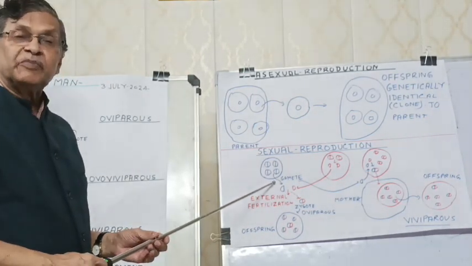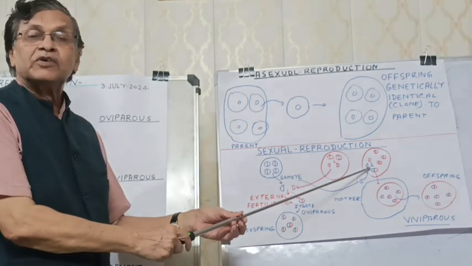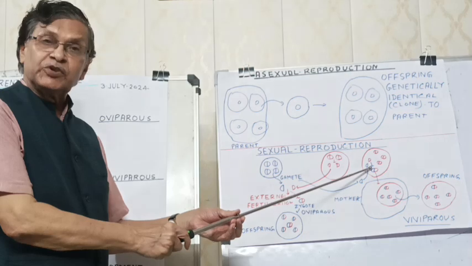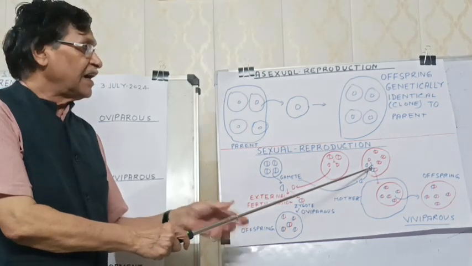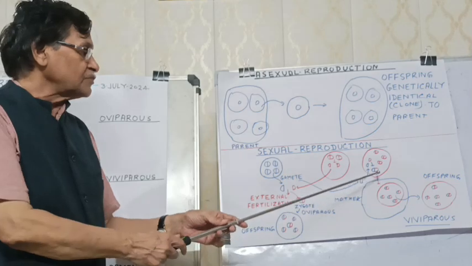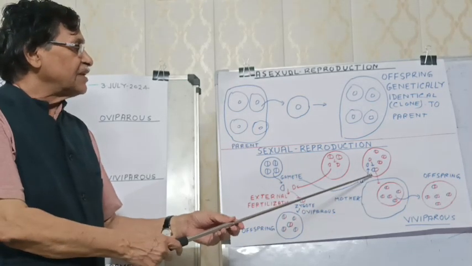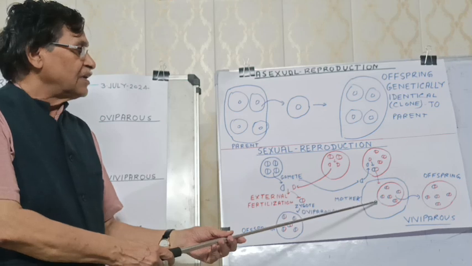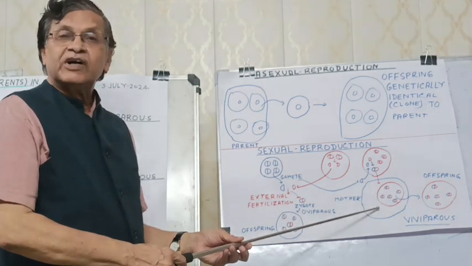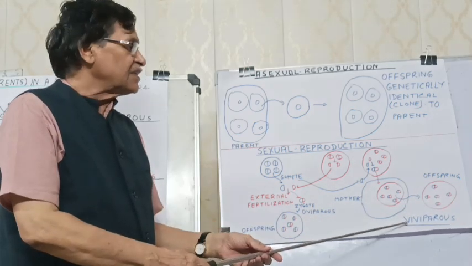The father produced the male gamete, which was released and then passed to the oviduct of the female. There both of them united to form a zygote, and then there were 2 possibilities. Either it develops into a new organism that is born. This condition is called viviparous.